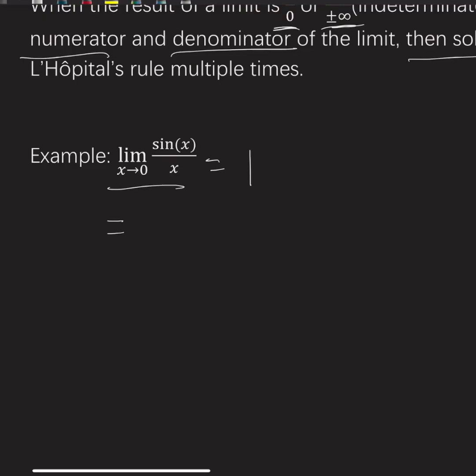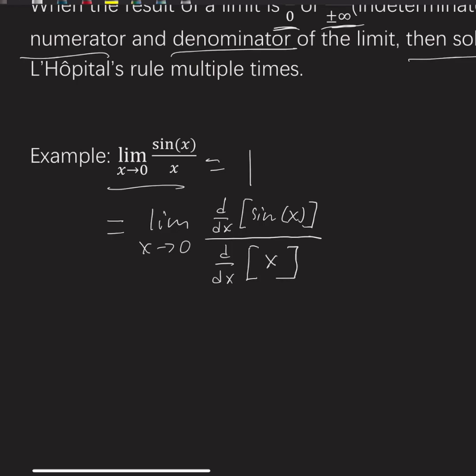So that's equal to the limit as x approaches 0. We're taking the derivative of the numerator, sine of x, and dividing by the derivative of the denominator, which is x. That is equal to the limit as x approaches 0.